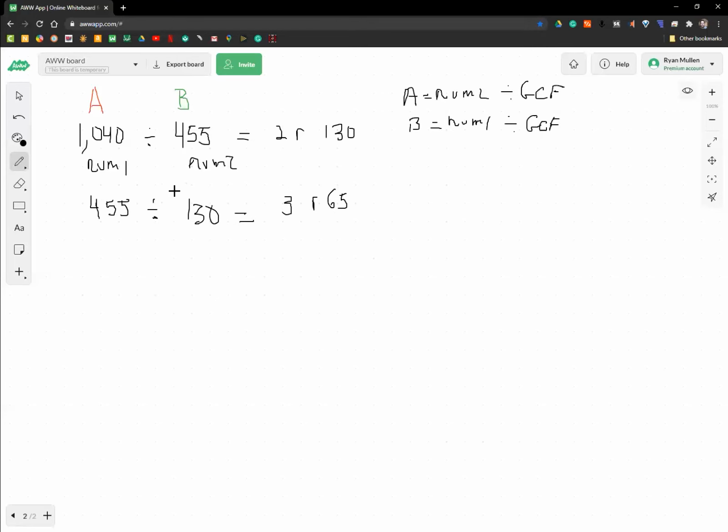Then my small number is divided by 65, and that goes in evenly 2 times. Because it went in evenly with no remainder, we have found our GCF.